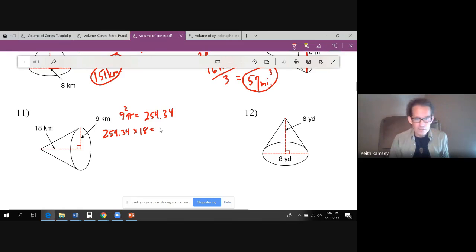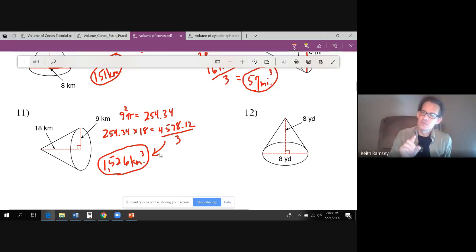And I got 4,578.12. Step 3 is divide that by 3 or multiply it by a third for a volume of 1,526.04. Let's just round that to 1,526 cubic kilometers for number 11.